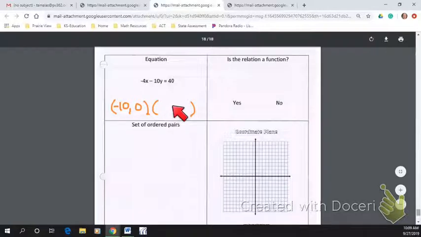How about the y-intercept? Where will this cross the y-axis? 40 divided by -10 would be -4. So a y-intercept of -4. So there are your 2 intercepts. So if we go to graph those, -10, 0, and 0, -4.